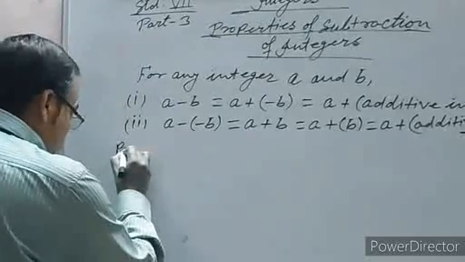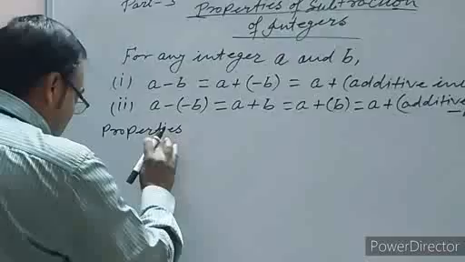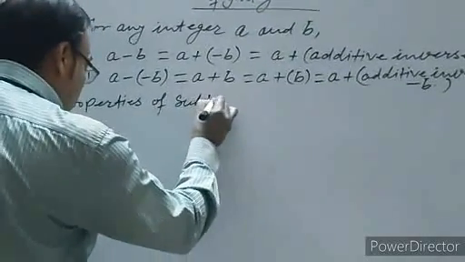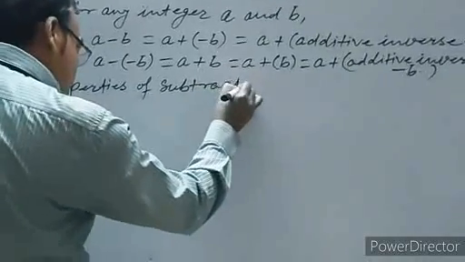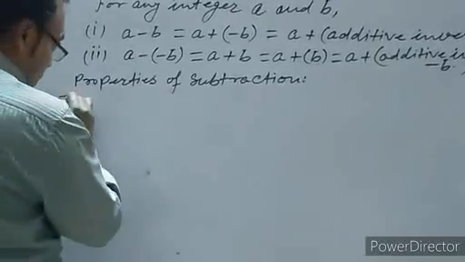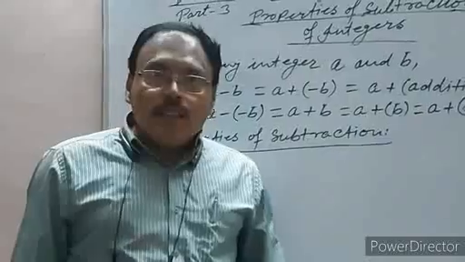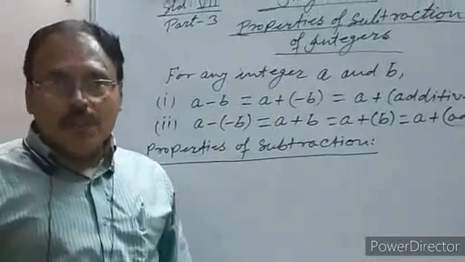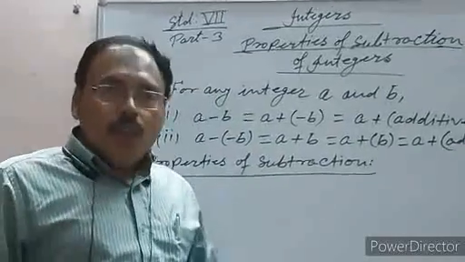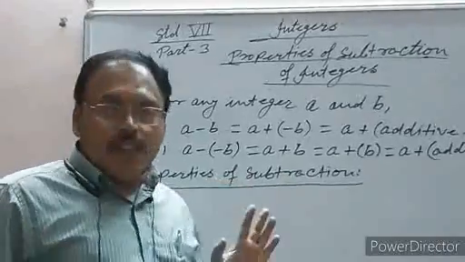Next we come to the properties of subtraction. As we learnt in the previous class the properties of addition of integers, in this class we are going to see the properties of subtraction of integers.